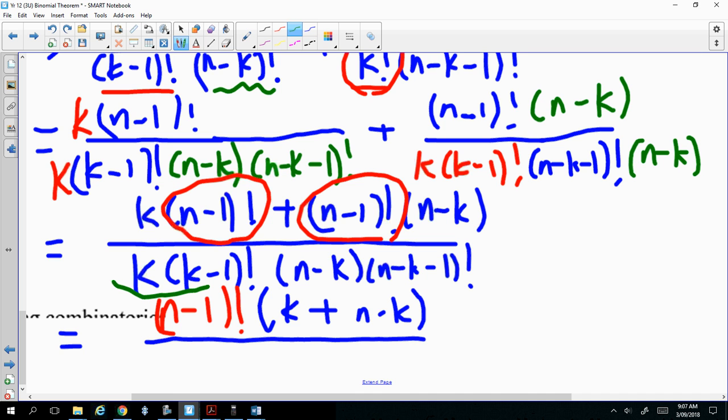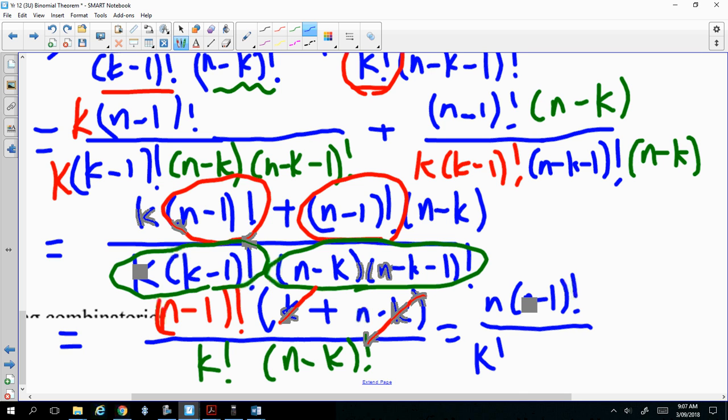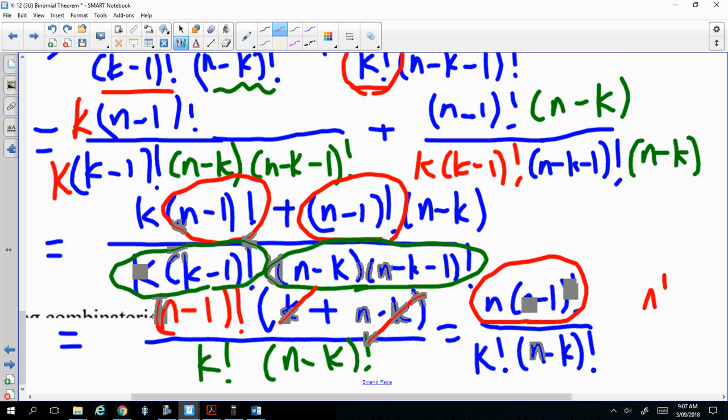Combine these two to be n minus k factorial. And then you'll notice that the k and the minus k can cancel, which you end up to be n minus 1 factorial over k factorial n minus k factorial. And then these two will become n factorial. So you end up with nCk. So this is the exact formula for nCk.